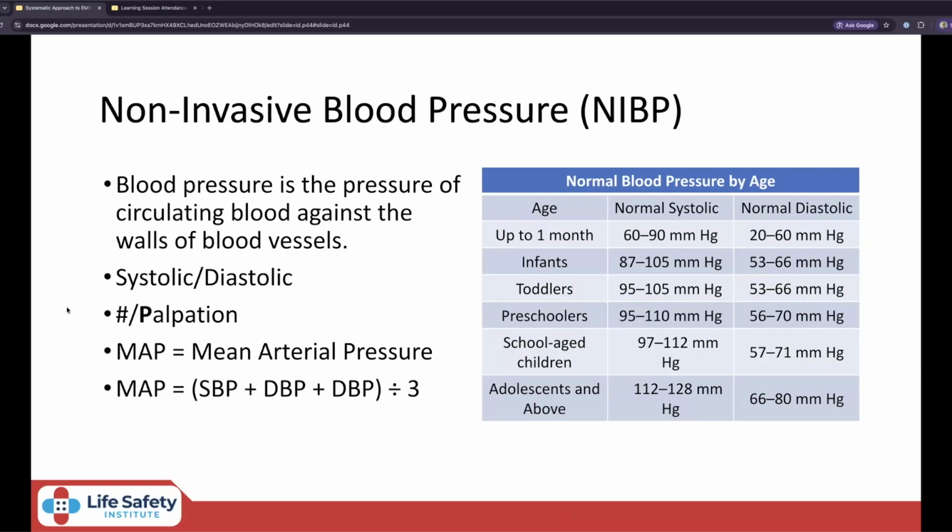Another neat thing that you can do is get a blood pressure over palp. And so when you put the blood pressure cuff on, you pump it all the way up, and let's say the systolic blood pressure is 120. If you pump that cuff up to 130, they won't have a pulse in that arm anymore, right? Because you're exerting more pressure, you've occluded that artery.